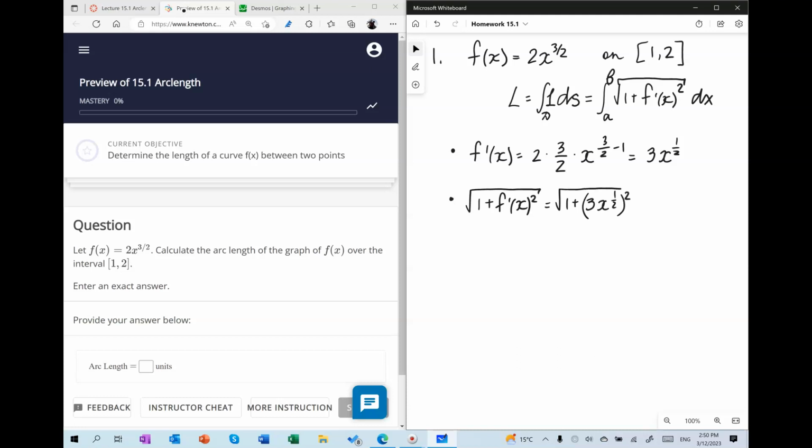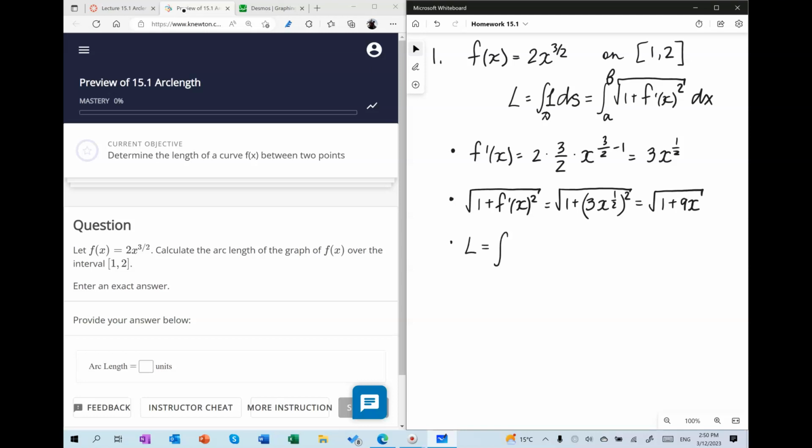The purpose of this step is to simplify the integrand as much as possible, so we don't have to do it on top of the integral. So we're going to separate the algebra and the calculus tasks, and here we get 1 plus 9x, and that's pretty much it. And finally, we're now ready to find L.